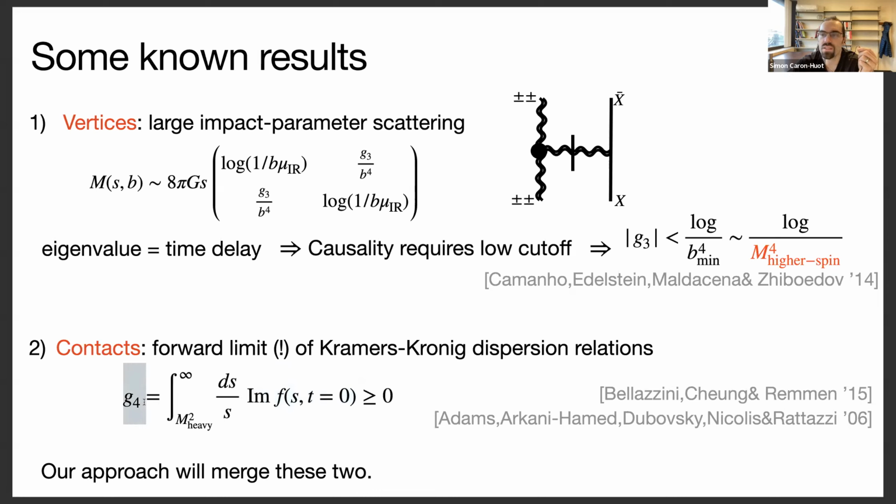And this sort of thing was generalized to give two-sided bounds on various couplings by writing things as positive integrals. And somehow our approach will merge those two things. We'll be constraining vertices and contact interactions at the same time, using just the graviton scattering.